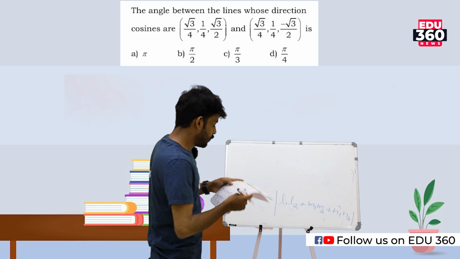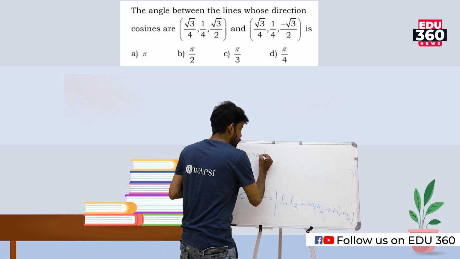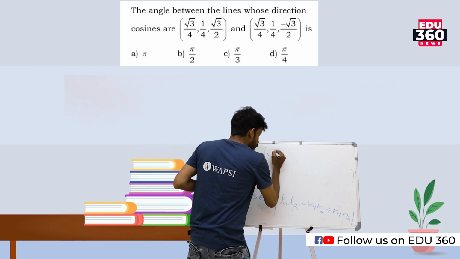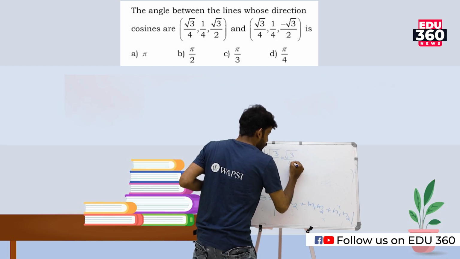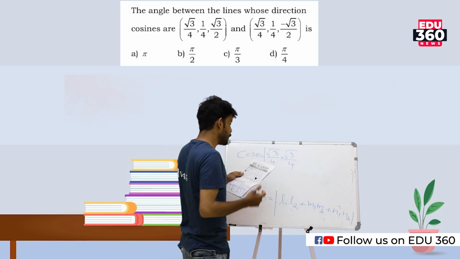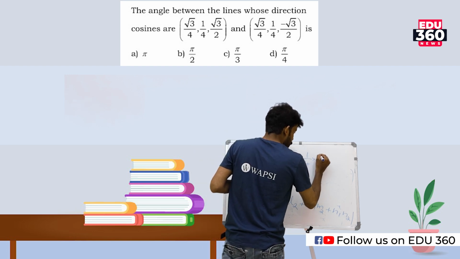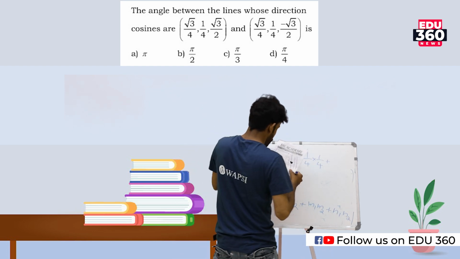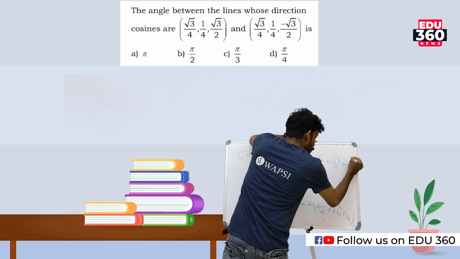Okay, so just substitute the values here. Cos theta is equal to L1 L2, which is root 3 by 4 into root 3 by 4, plus 1 by 4 into 1 by 4, plus minus root 3 by 2 into root 3 by 2.